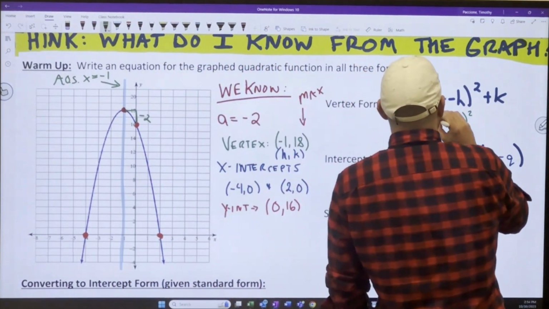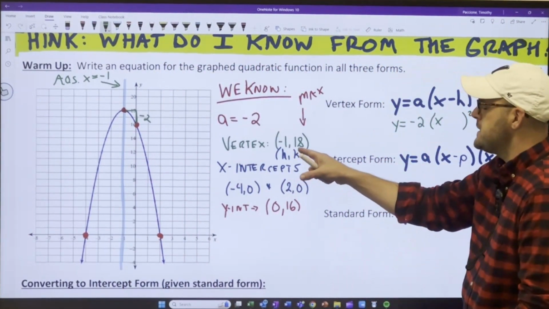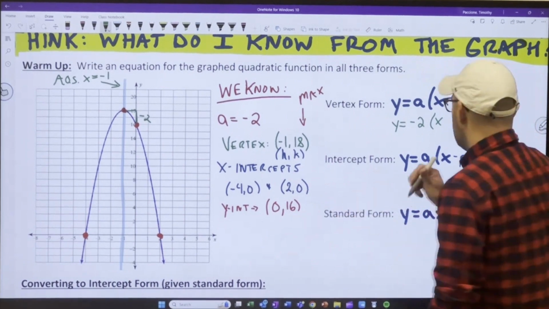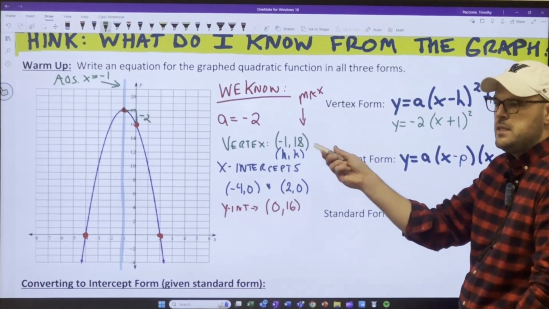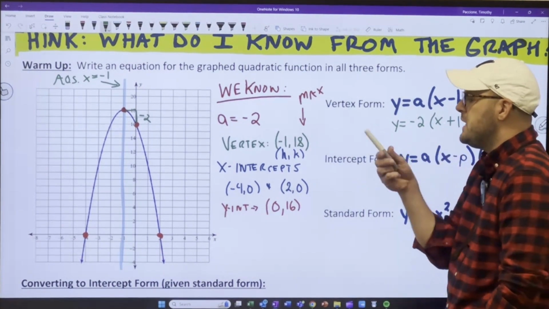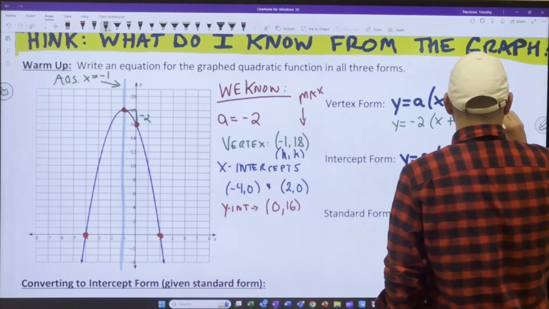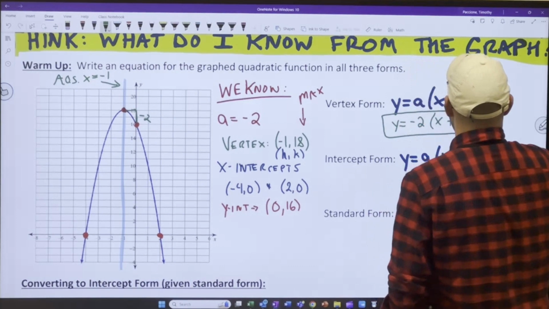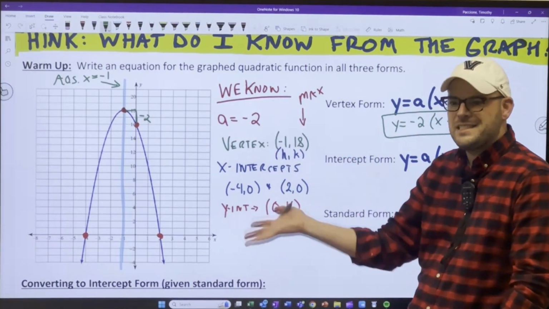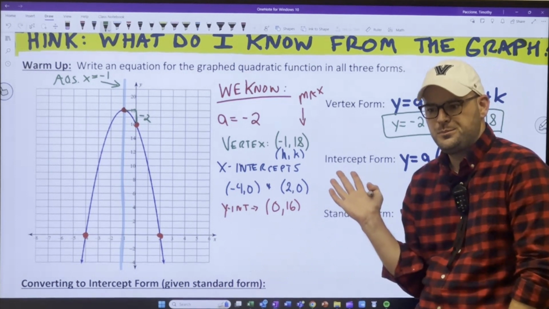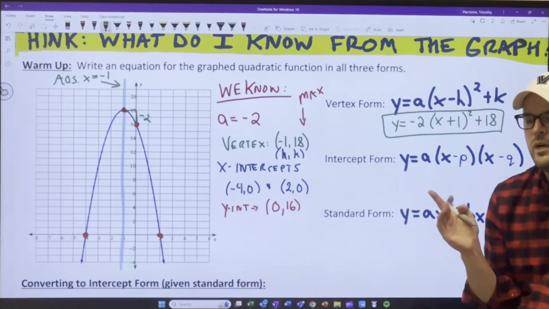So it would be x, and then minus 1, so plus 1. And then plus K, and our K is? Plus 18. We don't flip that one. And there you go. You have your vertex form, and all you had to do was collect some information and plug it in. Okay?